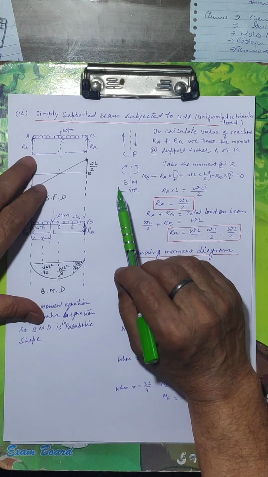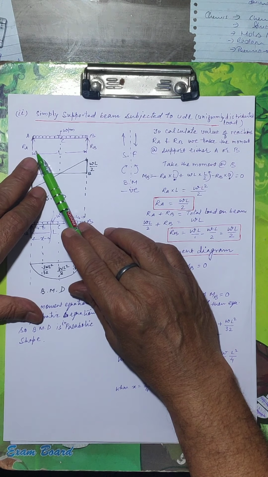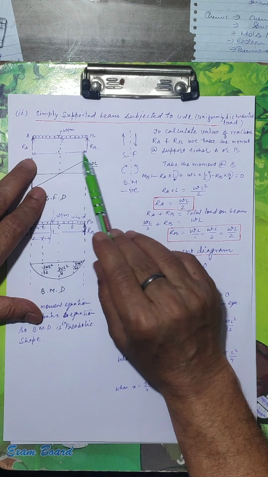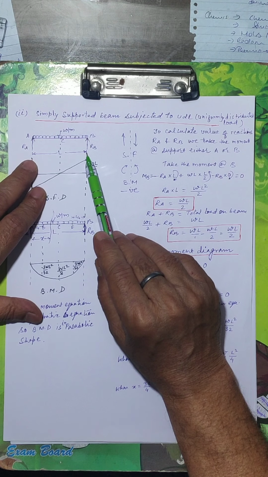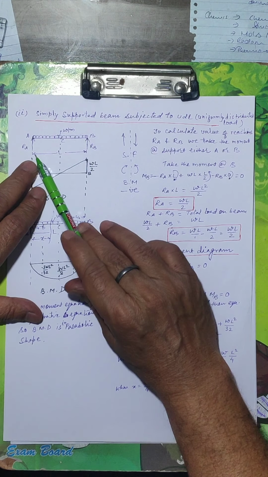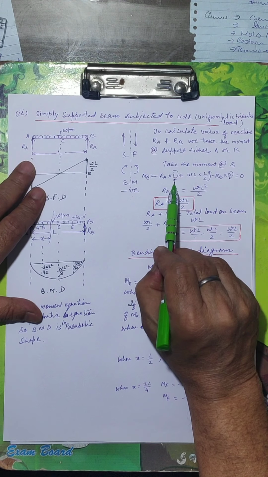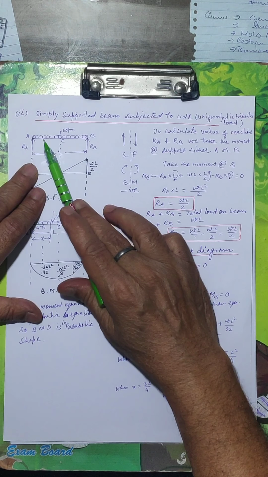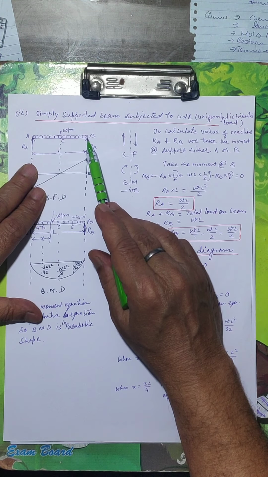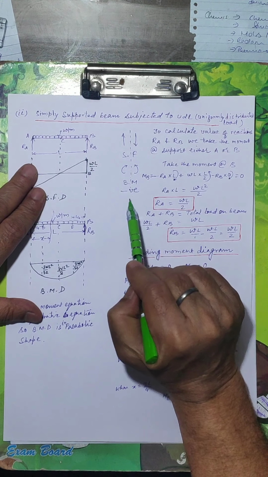Then RA, this is reaction RA. It is upward, multiplied by distance L, perpendicular distance L, because we are taking the moment about B. So distance between RA and B is L. RA into L. It is direction clockwise, section is at B, so left side clockwise would be taken as negative.